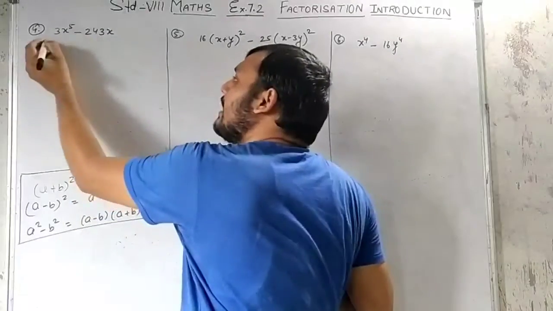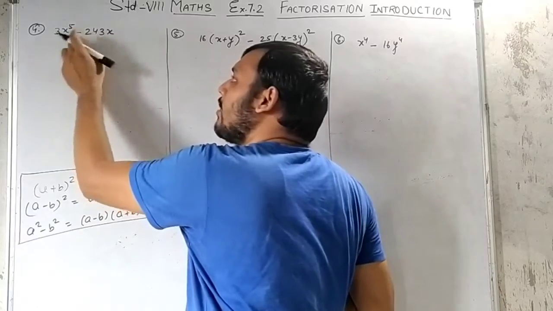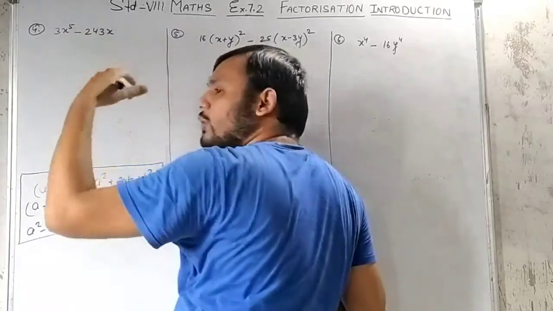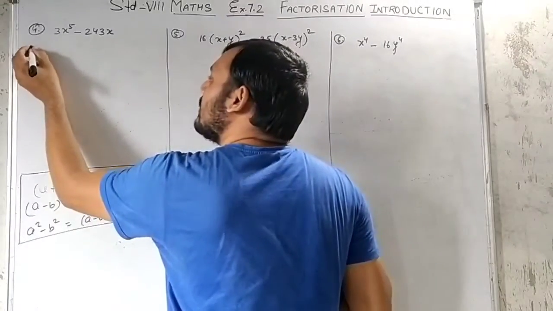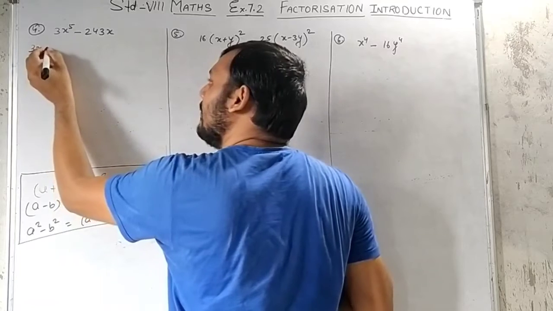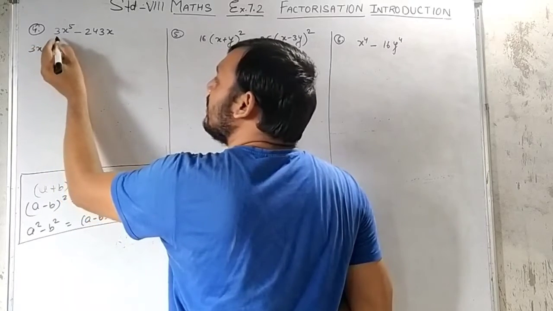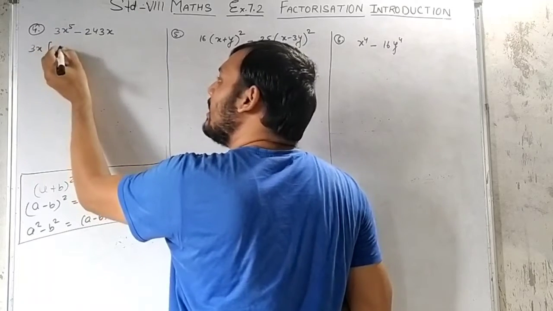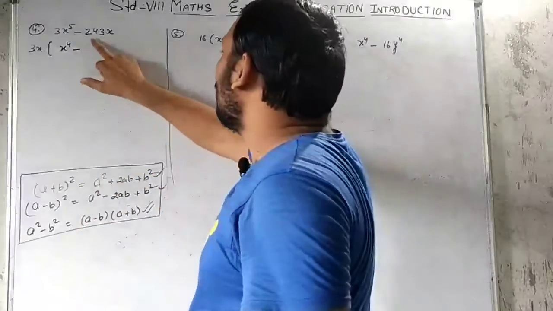So what will we do here? First, x will come out as common, and if it is possible then we will remove this 3 also outside. So 3x we are taking as common here, and afterwards this 3 is outside, x raised to 5, 1x is outside, so what is here? x raised to 4 minus this 243.